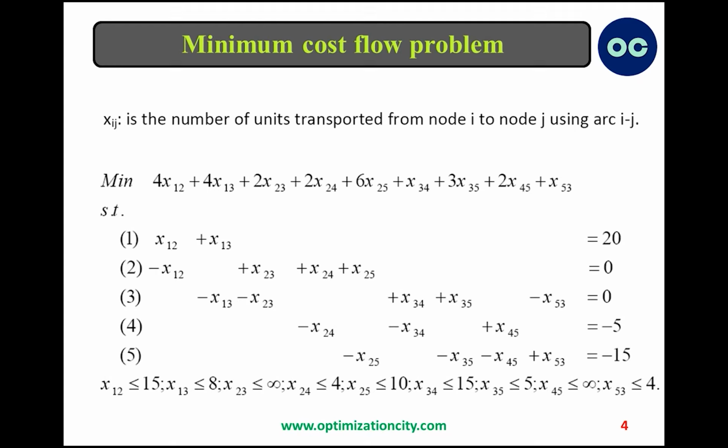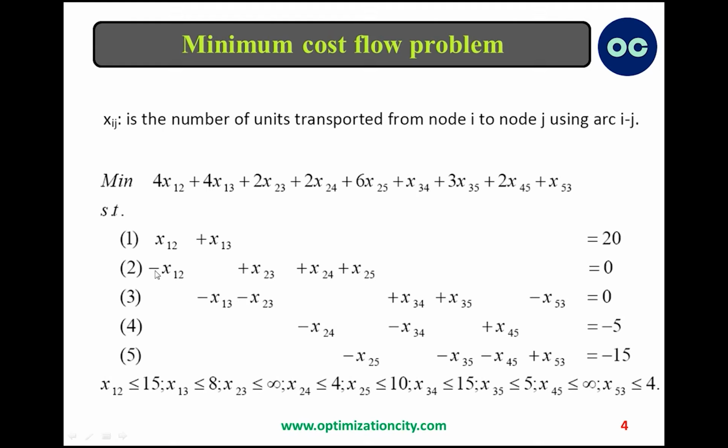Once with +1 in the equation representing the node where the flow originates, here this is +1 for x12 in node 1, and once with -1 in the equation representing the node where the flow enters. So you can see that for node 2, the flow from arc 1,2 enters node 2. That's why we have the -1.